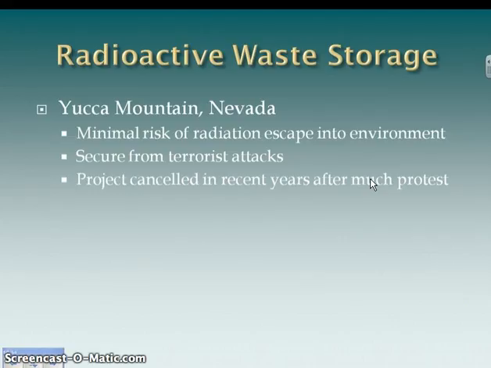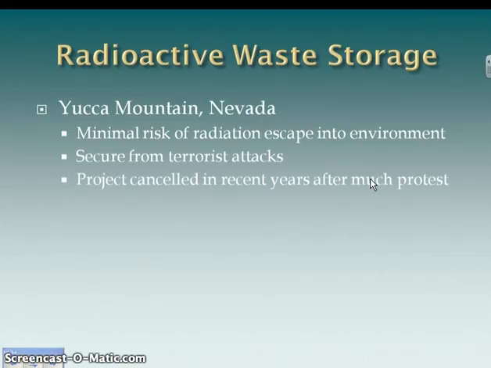Want to briefly talk upon waste storage, radioactive waste storage. And that's primarily in, there was an idea of storing this in Yucca Mountain, Nevada. In 1978, the U.S. Department of Energy began examining a site there.